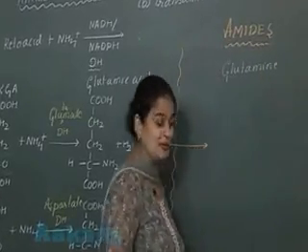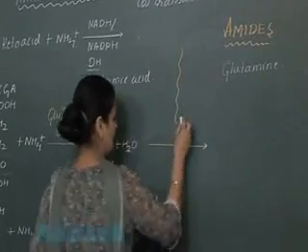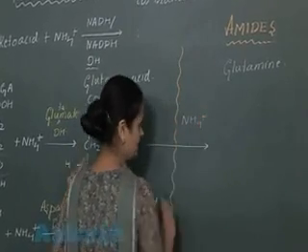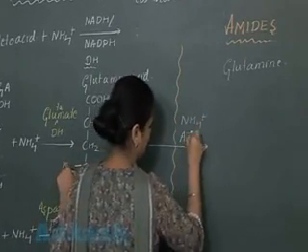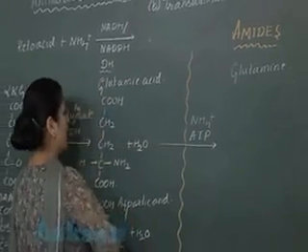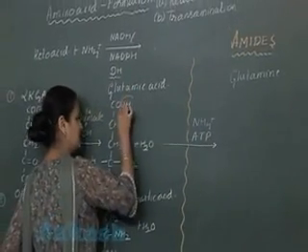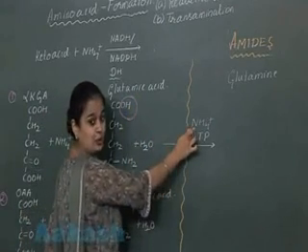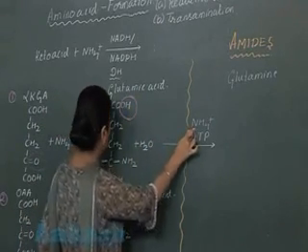Now how will the glutamine formation occur? Now this amino acid will react with the ammonium ions in the presence of ATP, there is requirement of ATP, और ये जो हाइड्रोक्सिल ग्रुप है, this hydroxyl group is replaced by the amino group which is provided by the ammonium ions.